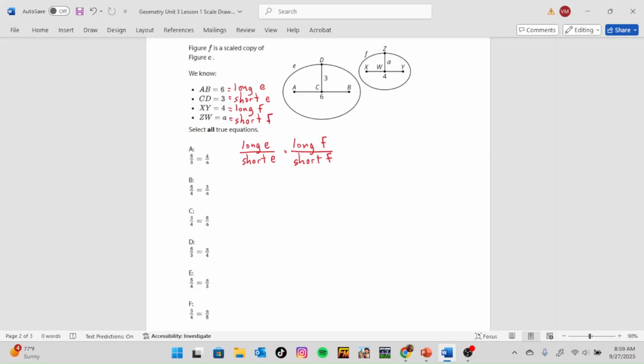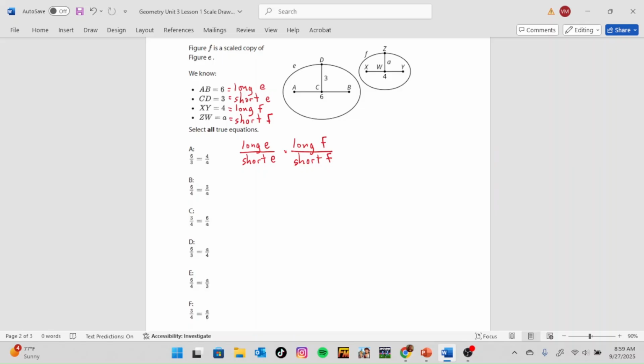And that's a valid comparison. We're comparing the long part of each oval to the short part of each oval. So if they are at scale with each other, they should maintain this ratio.